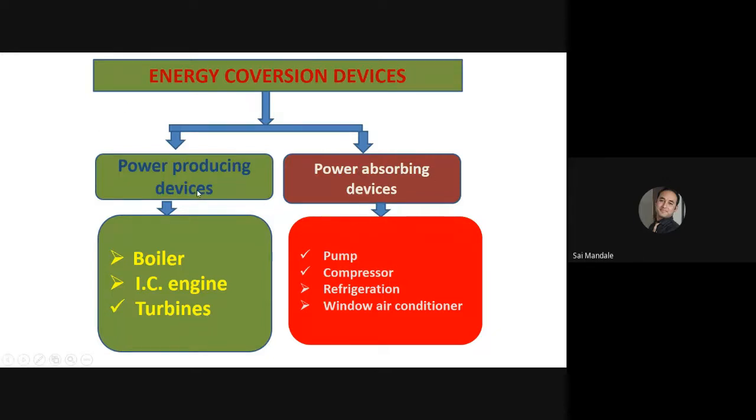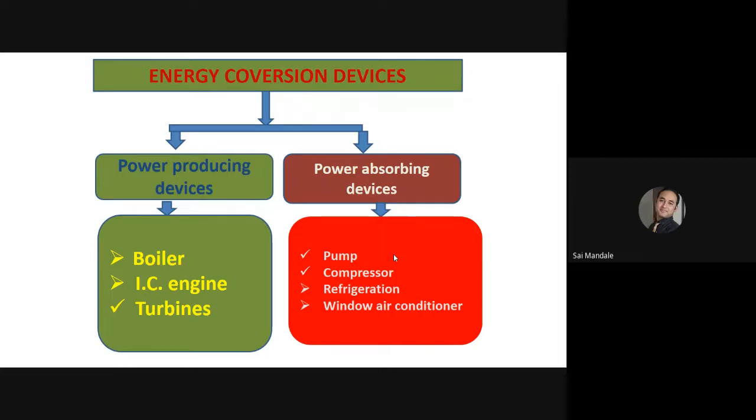The device which produces the power is called a power producing device. The device which absorbs the power is called the power absorbing device. So what exactly is power producing and what exactly is power absorbing, that we'll be looking at. Say for example, compressor, refrigerator, AC and pump.